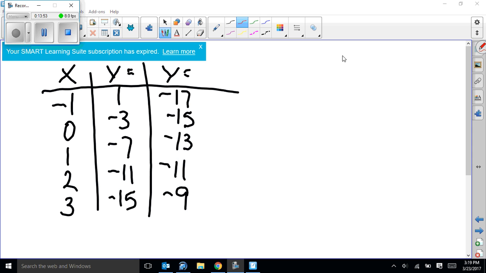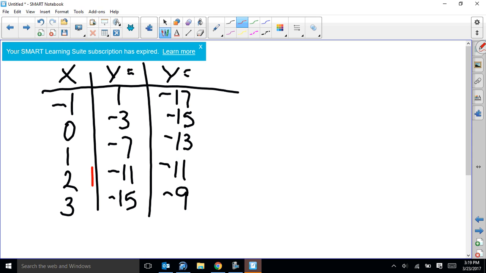So how do we read this table? If I look at my x column for this line, I have a point at -1, 1. I have a point at 0, -3. I have a point at 1, -7, and a point at 2, -11, and a point at 3, -15, correct? If I look at the second line, these are still my x values.